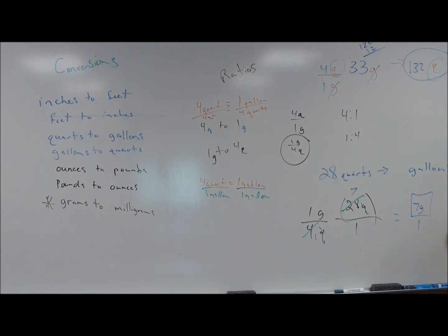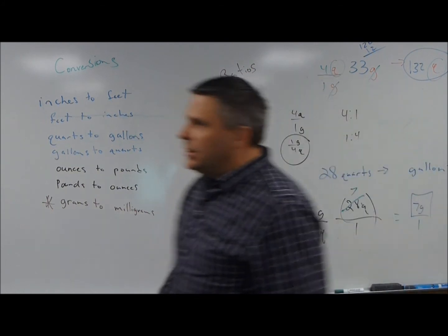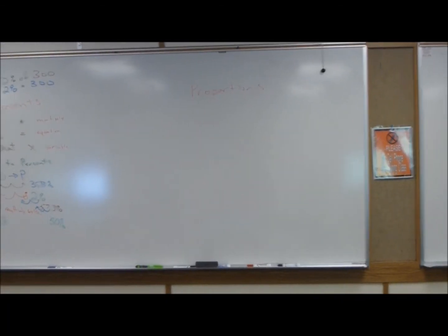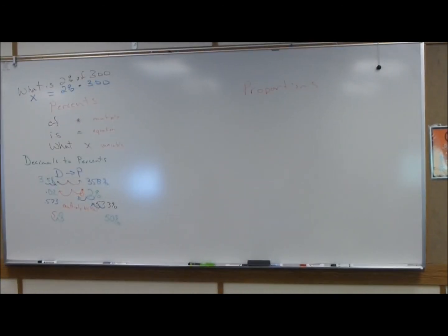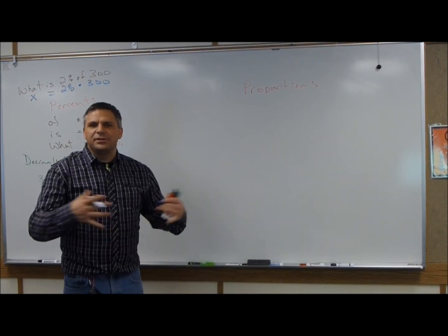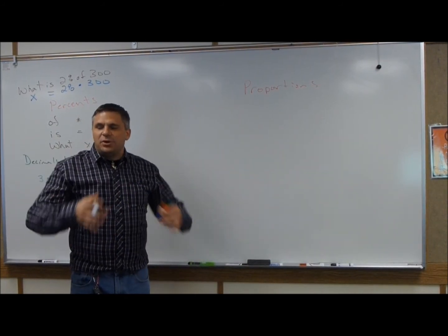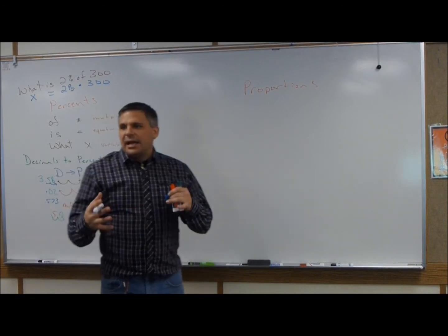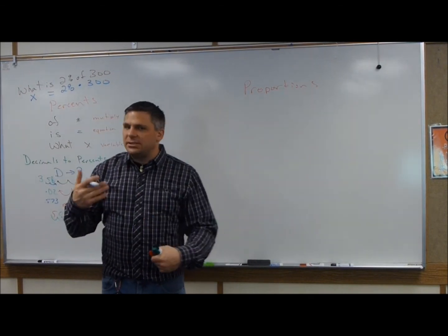And we can do the same thing for ounces and pounds, right? How many ounces are in a pound? That's our base. You always have to know your base. You have to know how many is in one and how many is in the other.